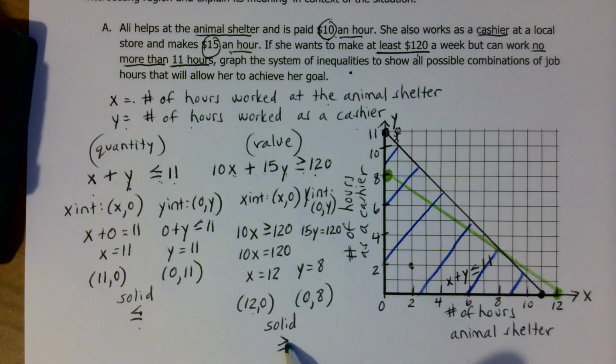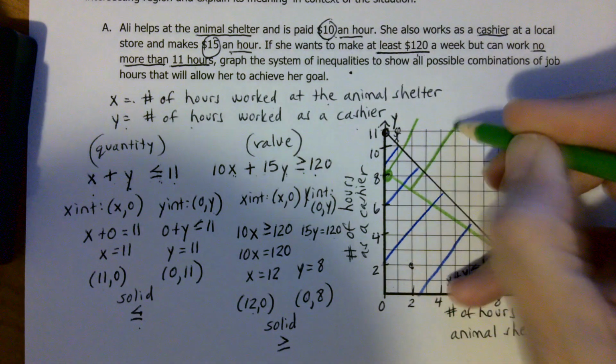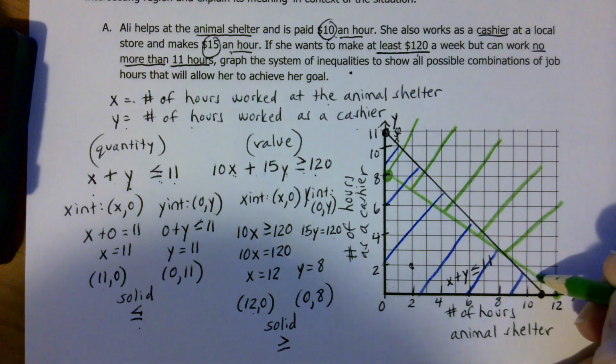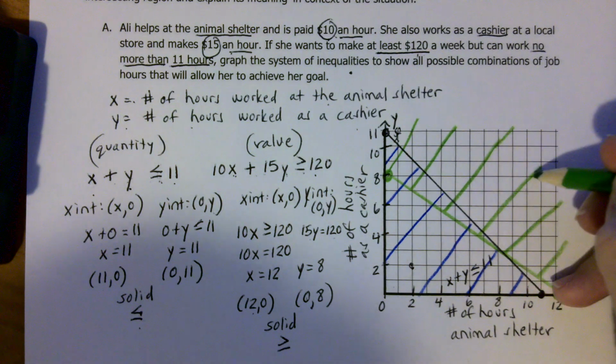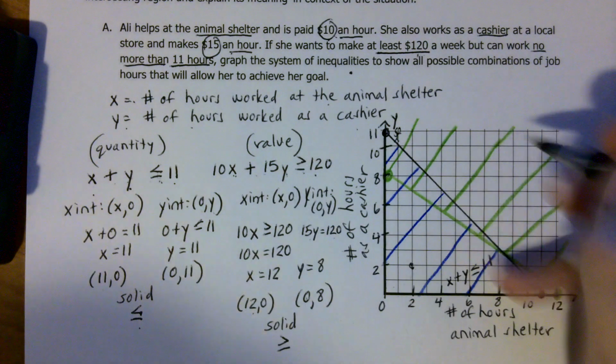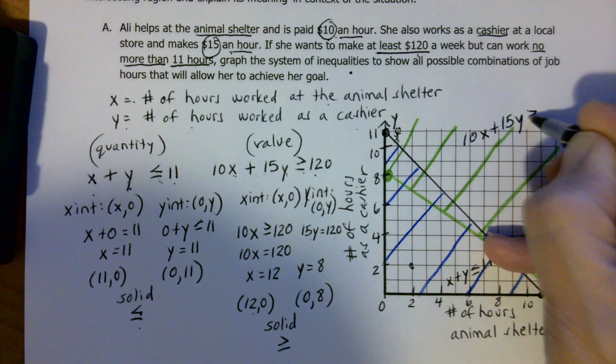And we are shading above, greater than or equal to. So shading above means going in this direction. And you want to cross this entire plane. And I'm going to write my inequality somewhere in the shaded region.